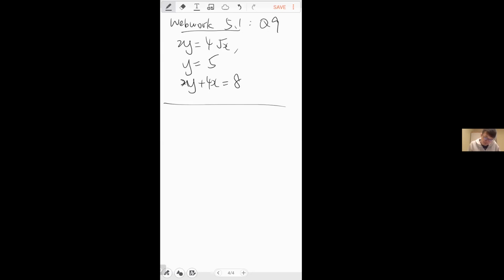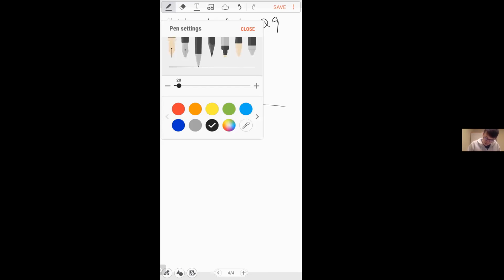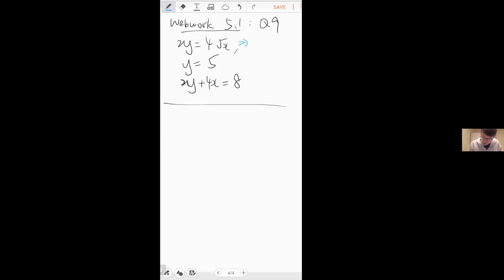So the first thing is to graph them. For me, it's easier to simplify the equations first. So for example, for the first one, I'll get y equals 2 times root x.